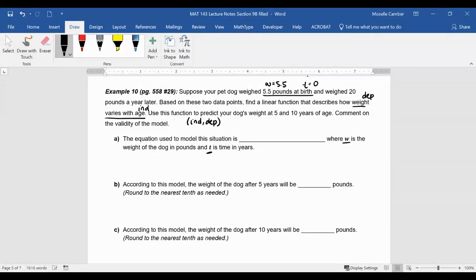And then we see that it weighed 20 pounds a year later. So in this case, the T would be 1, and your weight is 20. So our 2 points here, we put our independent first, which is our age. So we have to put 0 and 5.5 and 1 and 20.